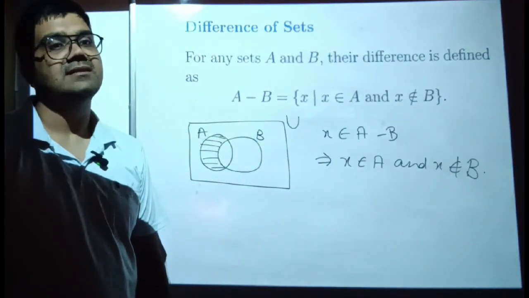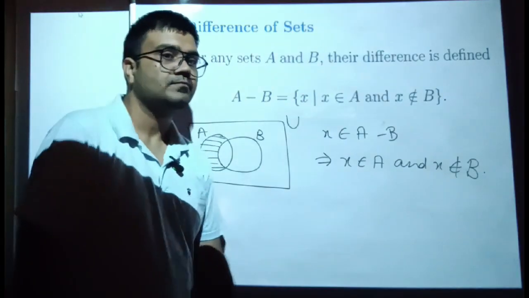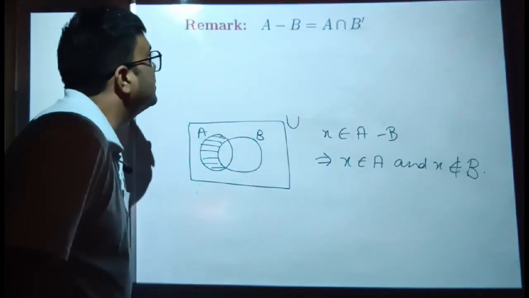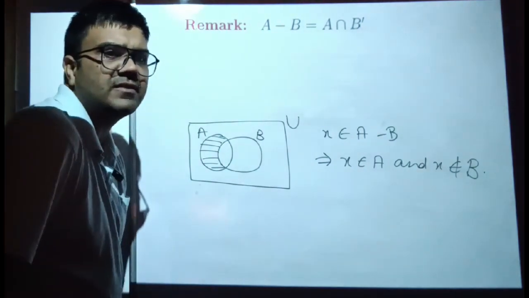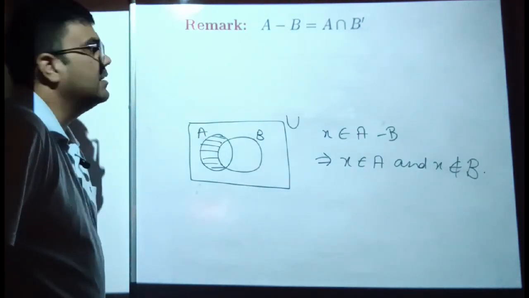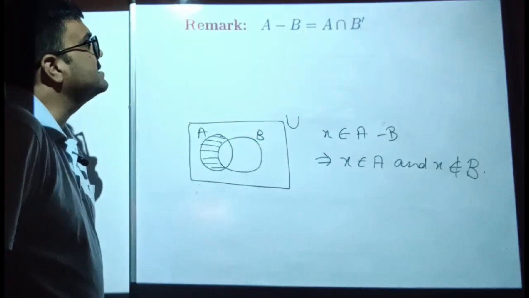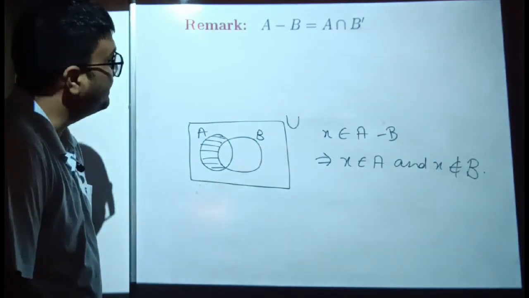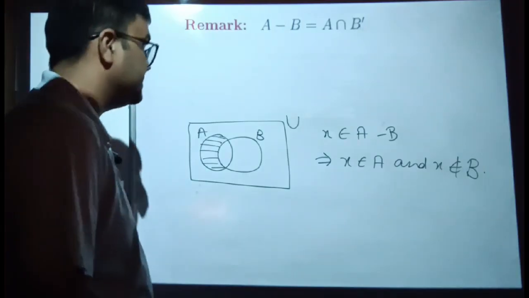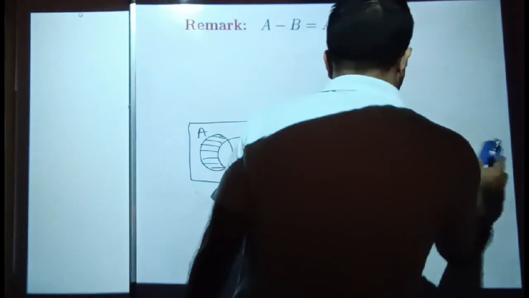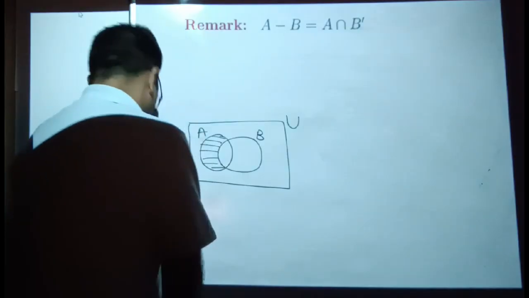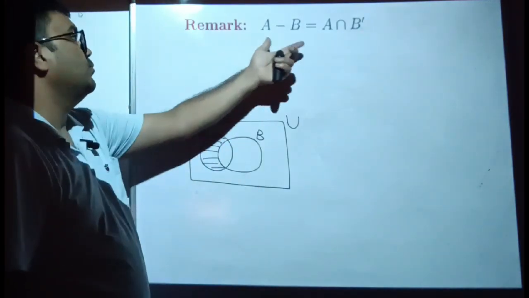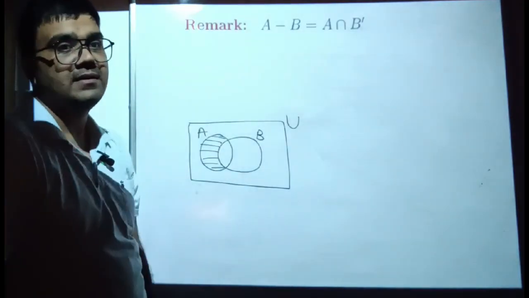Let us consider an example now. We are talking about this remark first. We are saying A minus B is equal to A intersection B complement. So let us try to understand this first. We have to prove that A minus B is like this.